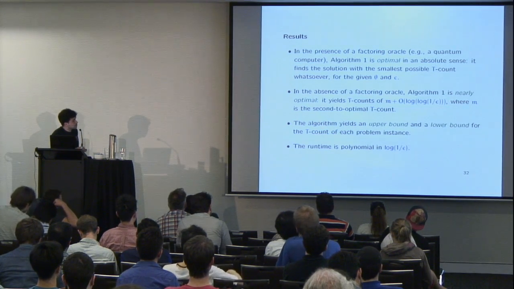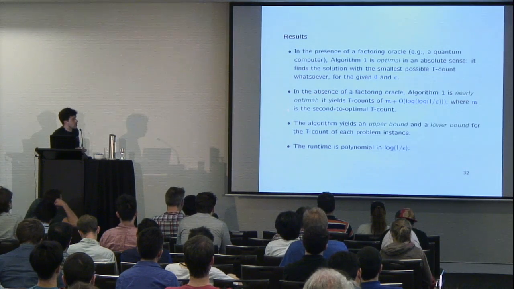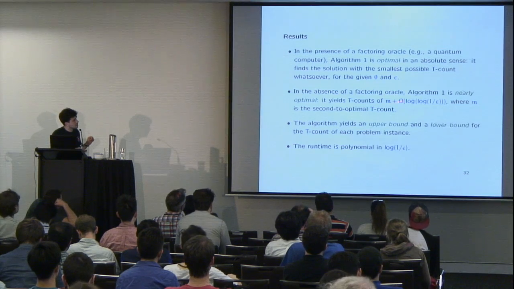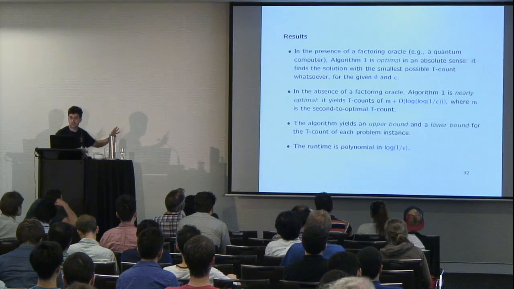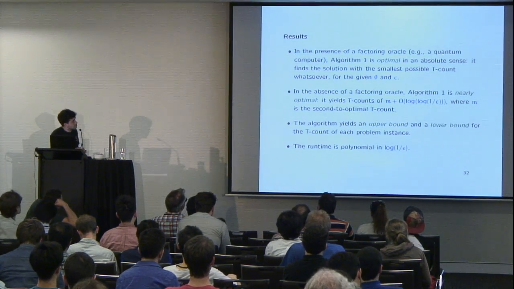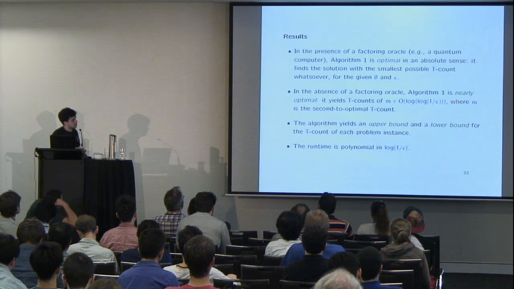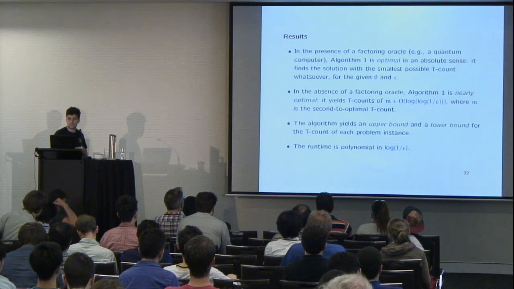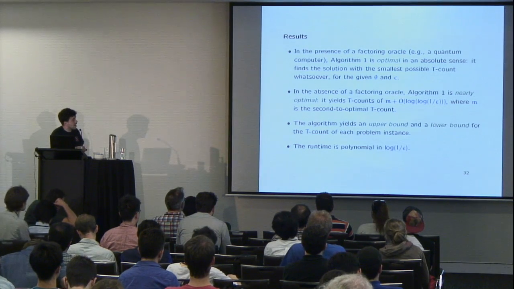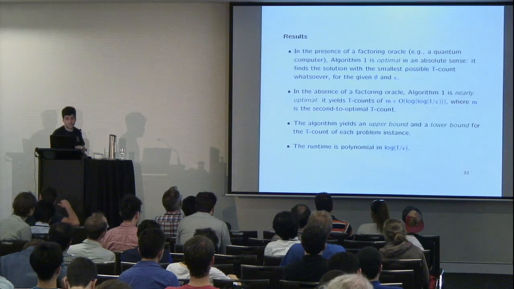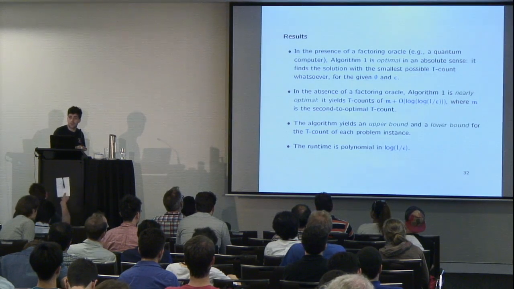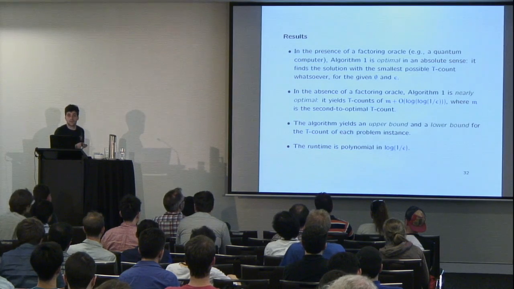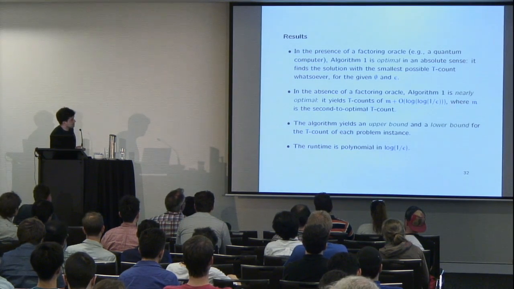And in the absence of a factoring oracle, the algorithm is nearly optimal, so it'll yield circuits of T count m plus log 1 over epsilon, where m, for some technical reason, is the second to optimal T count. In the typical case, m will be given by the information theoretic lower bound of k plus 3 log 1 over epsilon.